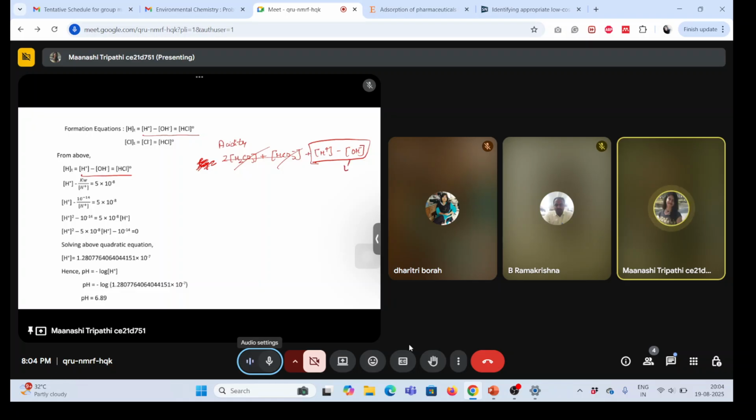OH will be ionic product of water by H plus. So this is what has been written here. Simply putting all the values, we will get H plus. Once we get H plus, what is pH? Negative log of hydrogen ion concentration, and simply we can get the pH. So this question, either W or simple basic equation that we have learned of acidity and alkalinity and everything.